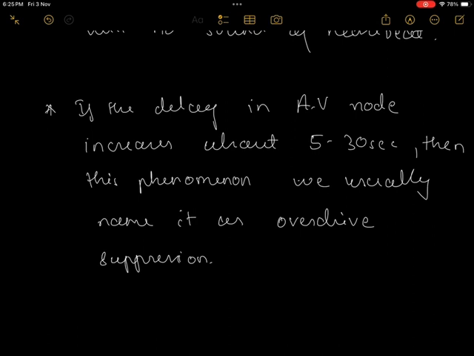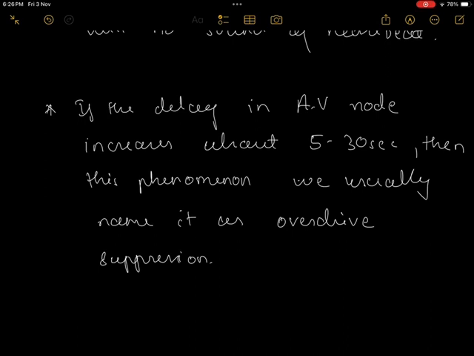What do we mean by overdrive suppression? Usually the ventricular excitability is first suppressed whenever there is conduction from the SA node. As I mentioned in the previous lecture, ventricular contraction is totally dependent on the atria, because the impulses are transferred from the SA node to the AV node, and from the AV node to the ventricles.